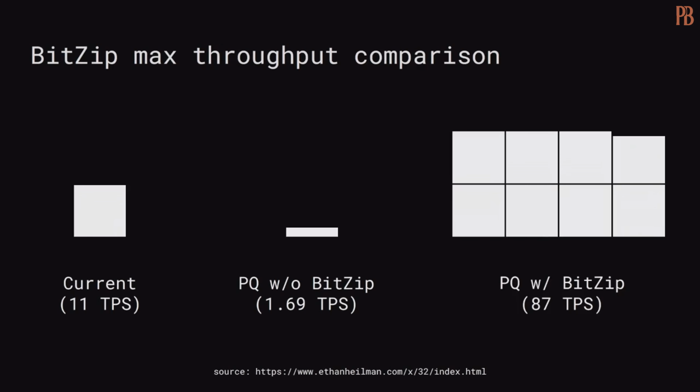And then with this BitZip technique, assuming that all of the transactions in the block have been BitZipped, you actually increase your transaction throughput from 11 transactions per second to 87 transactions per second, because we're stripping out all witness data and replacing it with this single cryptographic proof that gets amortized over all of the post-quantum transactions.